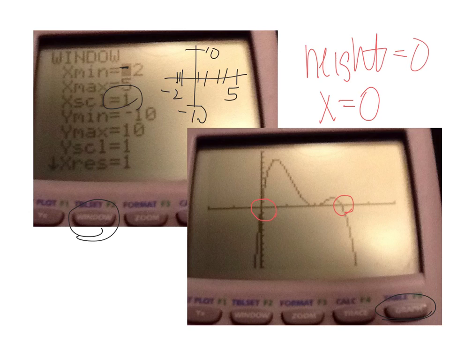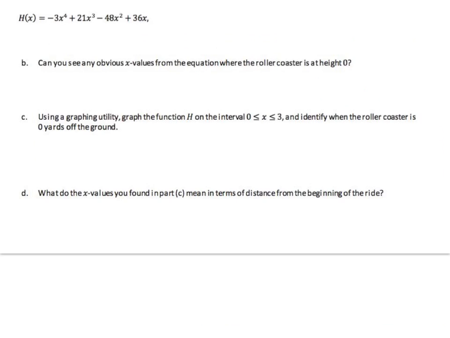So the height is 0 when x equals 0. If you look at the equation, there's an x in every term. There's no constant. Can you see any obvious x values from the equation where the roller coaster is at height 0?